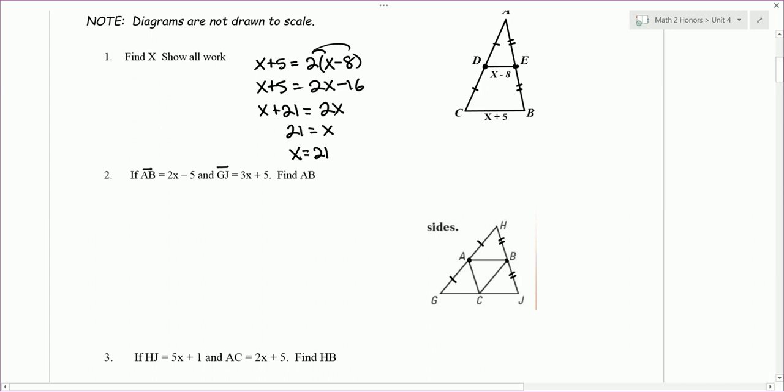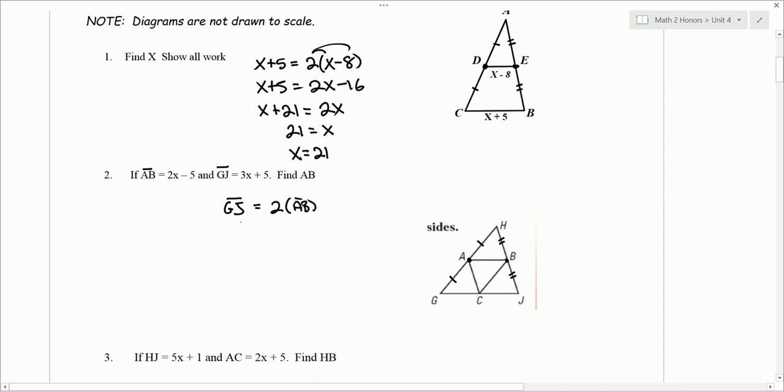And then a fact that we know is that the length of a midsegment is half the length of the base it's parallel to, which would be GJ. So GJ is equal to 2 times the length of the midsegment AB.